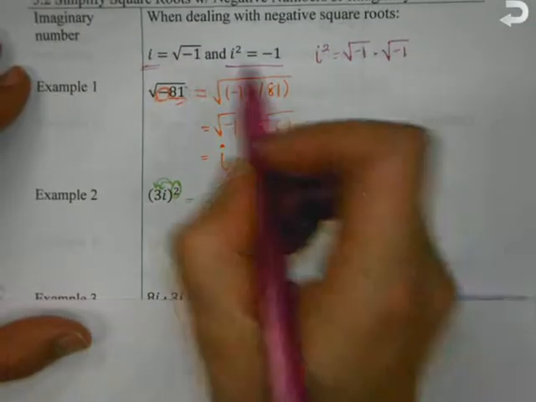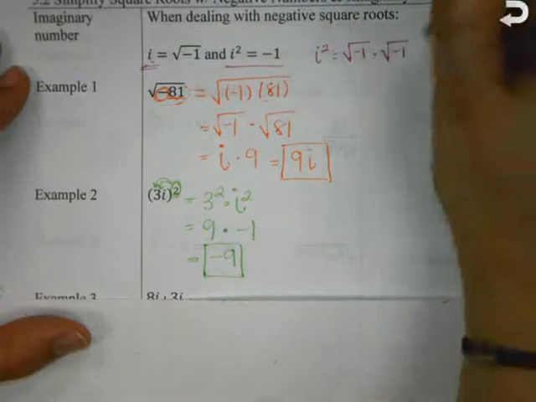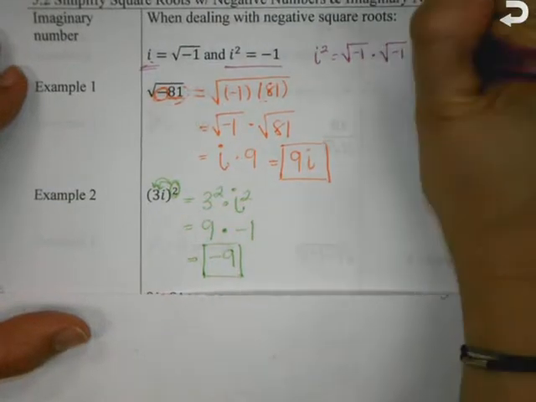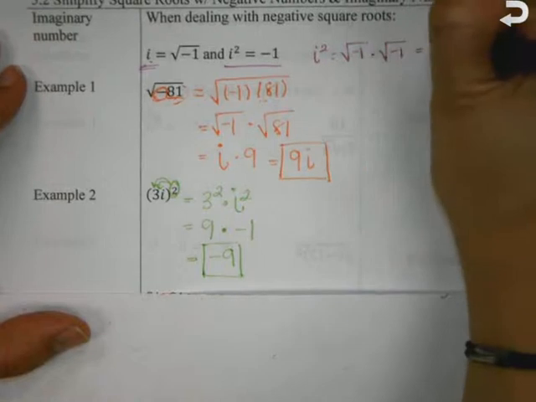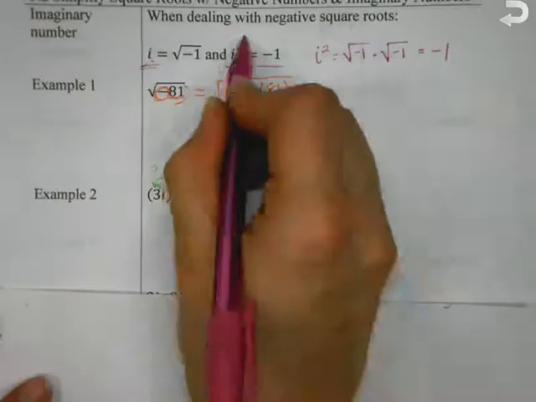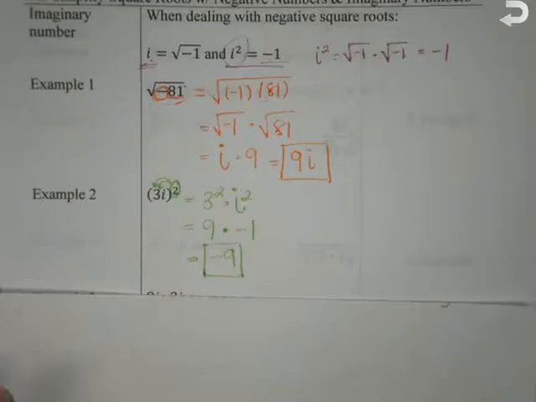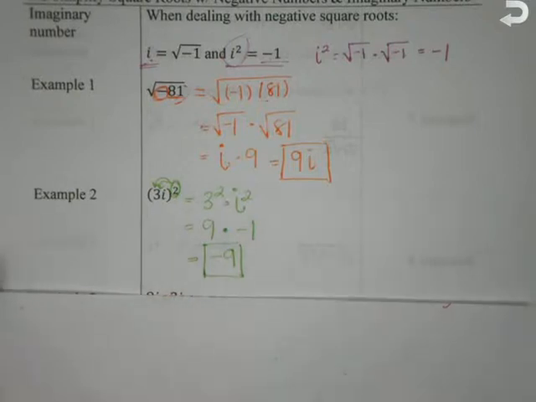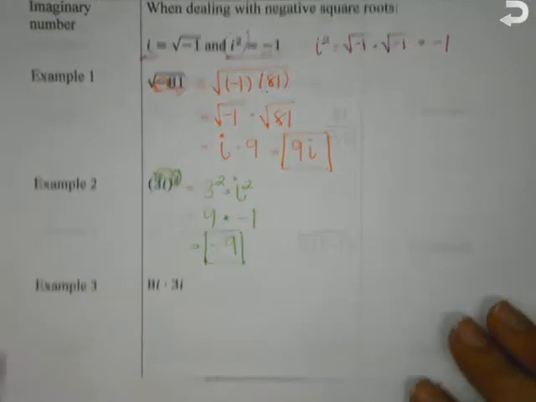Those square roots cancel each other out, so it comes out to just what's on the inside, which is -1. So that's how i squared equals -1. Anytime you see an i squared, just automatically replace it with -1. It's just substituting back in. Make sense? Kind of? Let's try another one. Example 3. 8i times 3i.